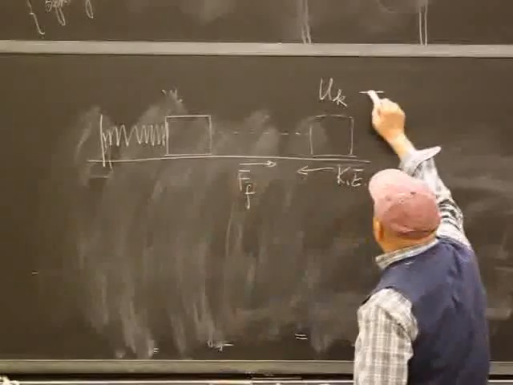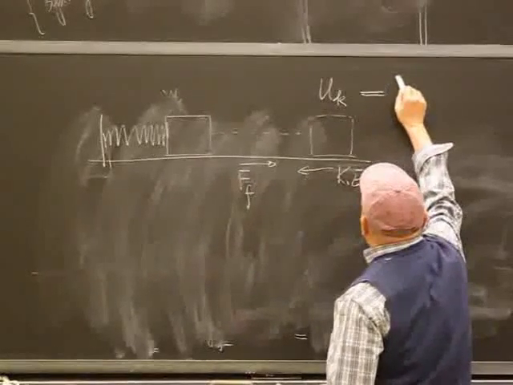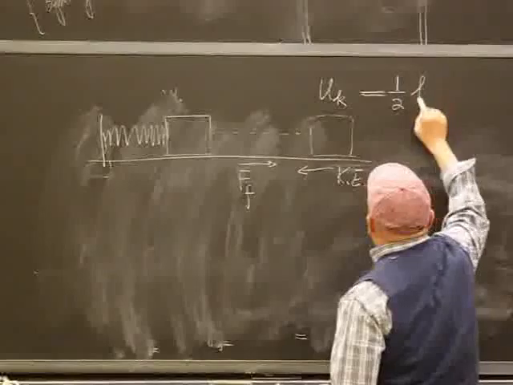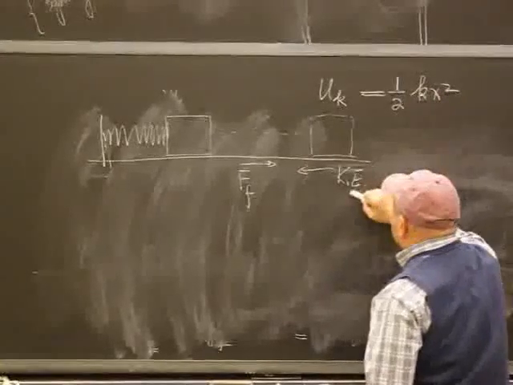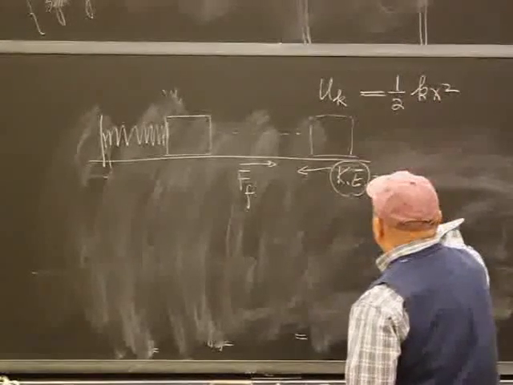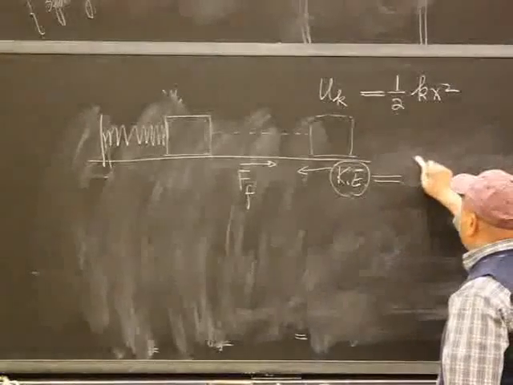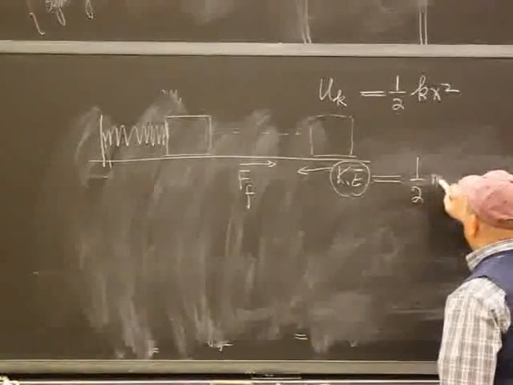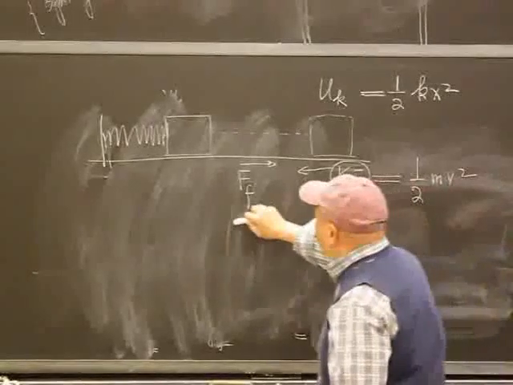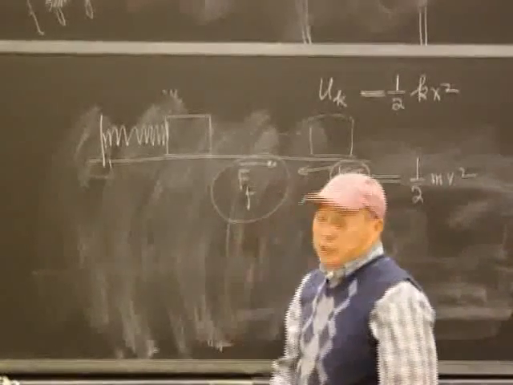In this case, UK is equal to 1/2 kx squared. Here, kinetic energy is equal to 1/2 mv squared. What happened here? This force is a dissipator.